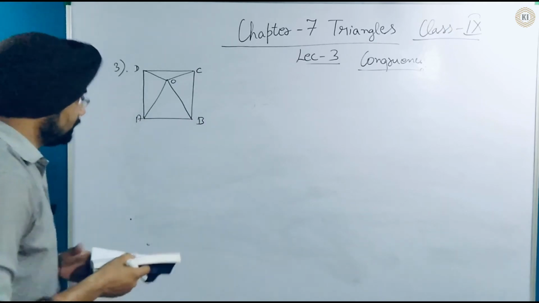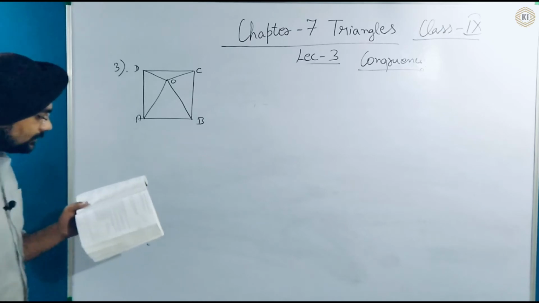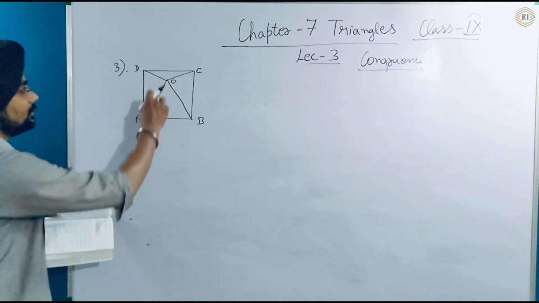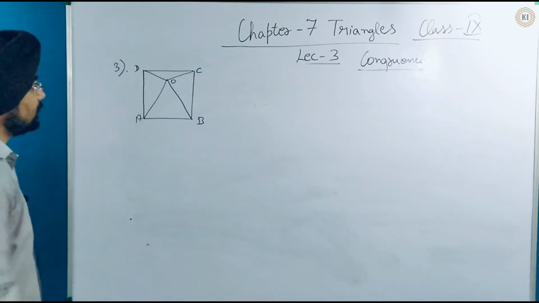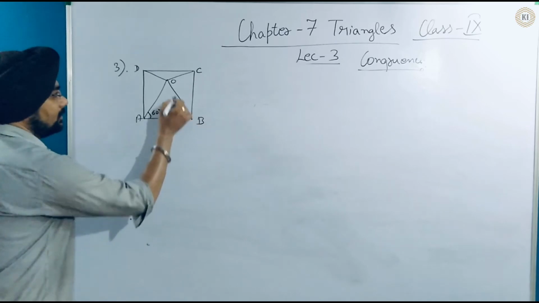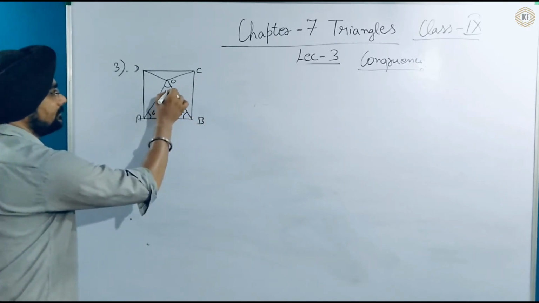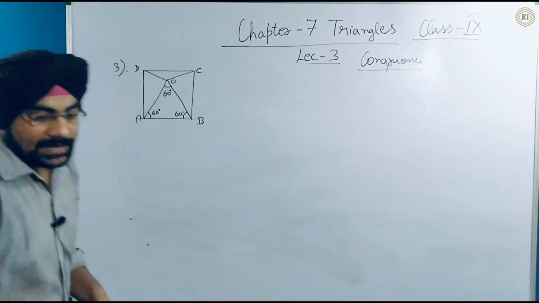So this is the question. In this question it is said that in the figure O is the interior point of the square, triangle OAB is an equilateral triangle, and as it is an equilateral triangle, all the angles measure 60 degrees. Now show that triangle OCD is an isosceles triangle.